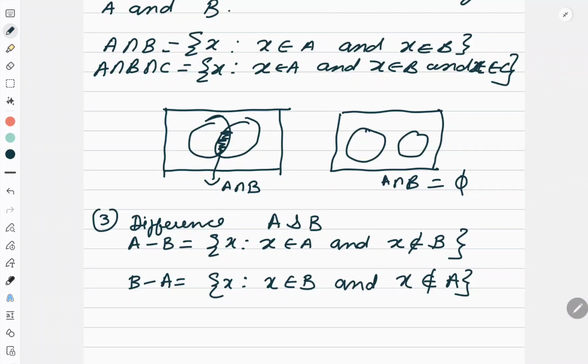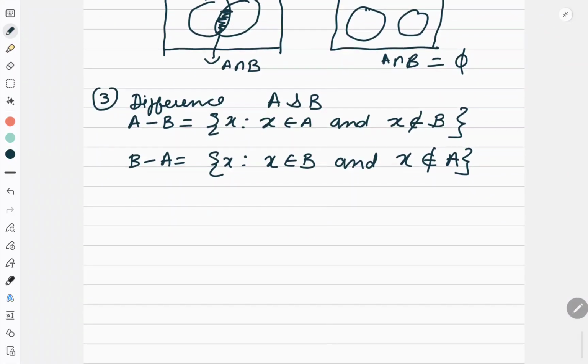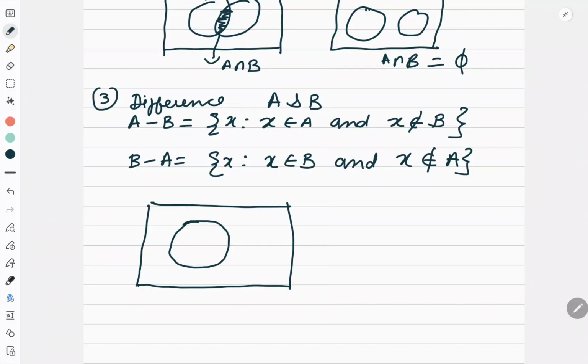Correct? So now how can I represent this by Venn diagram? Let us try to do it. Now if I want to represent A minus B, this is elements of A. This is A. Suppose this is B. So A minus B is what?